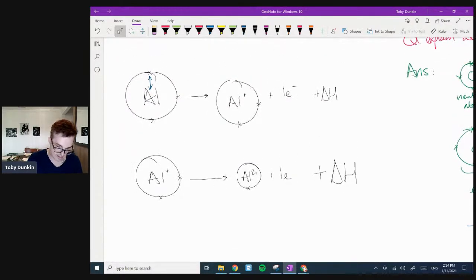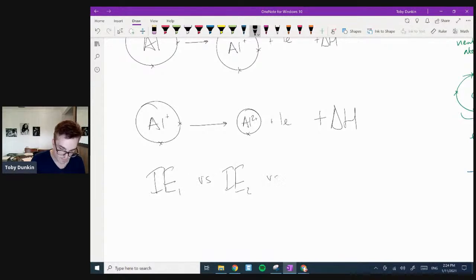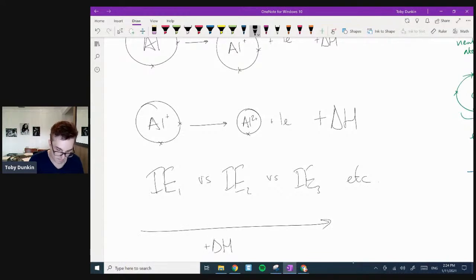So we know that ionization energy 1 versus ionization energy 2 versus ionization energy 3, etc., these values will always increase. They're always endothermic, but they are increasing from 1 upwards.